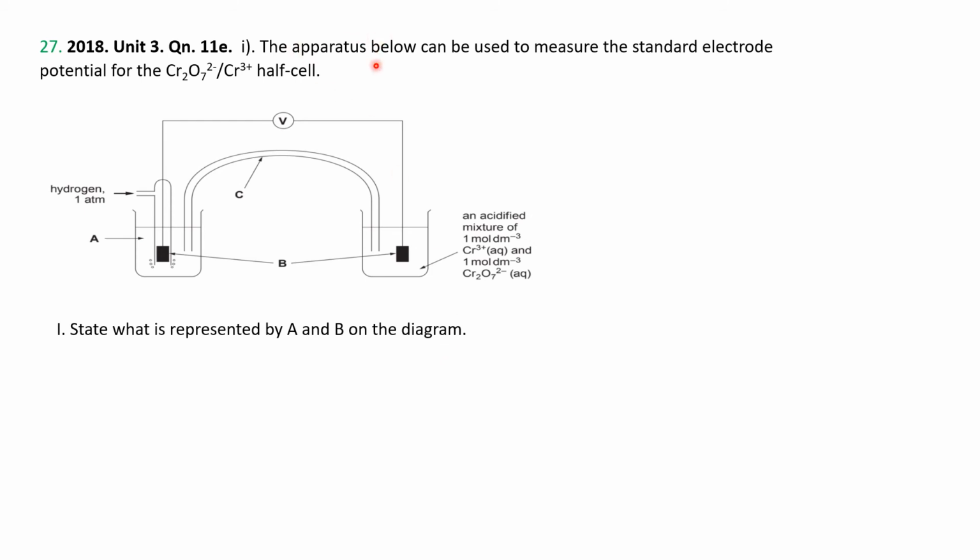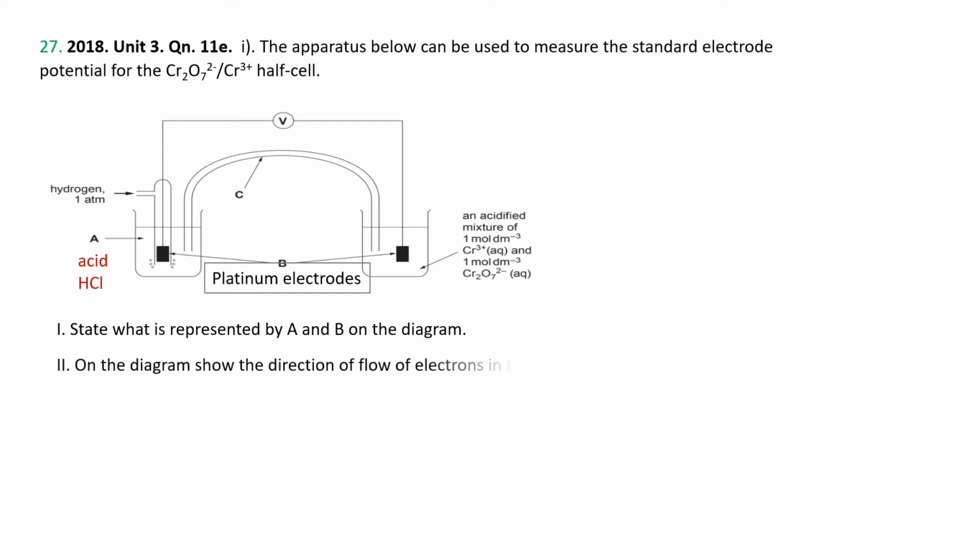Again, nice cell. Apparatus below used to measure the standard electrode potential for the Cr2O7 2- and the Cr3+ half cell. And this is, of course, the hydrogen electrode. The hydrogen electrode is made up by having an acid, HCl, and then platinum electrodes. So those are A and B, respectively.